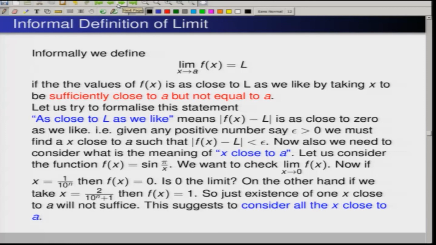This suggests that we need to consider all the x close to A, but not equal to A. We can make f of x as close to L as we want when x is sufficiently close to A, and that has to be for all x which are close to A, but how close they are needs to be determined.